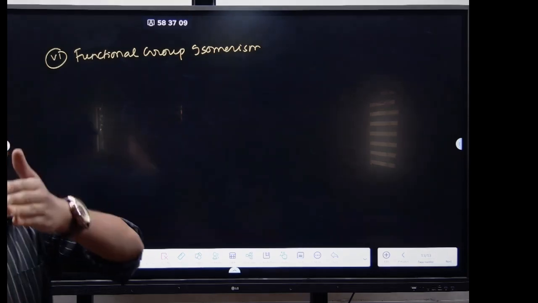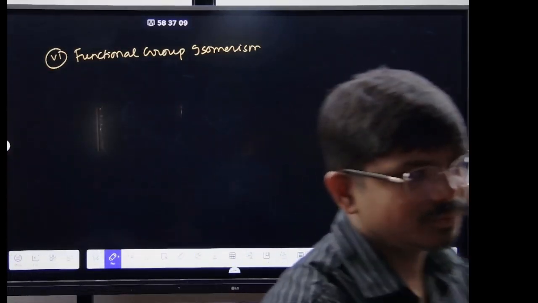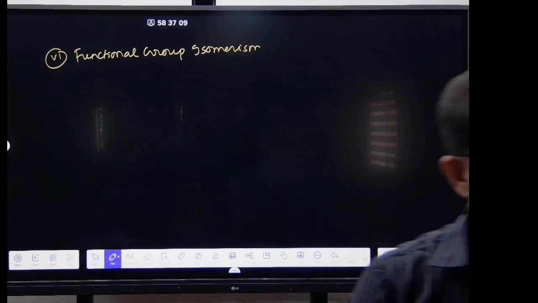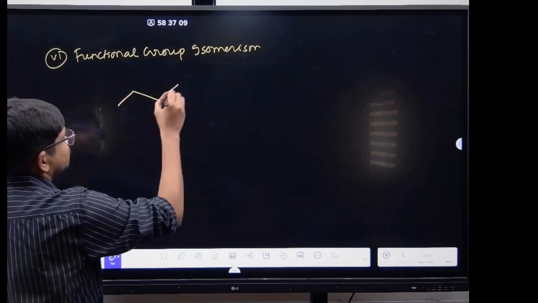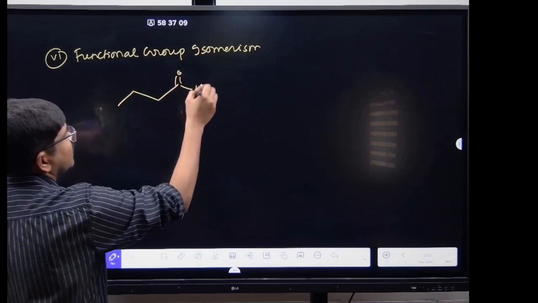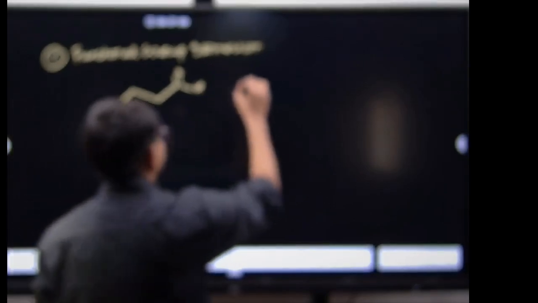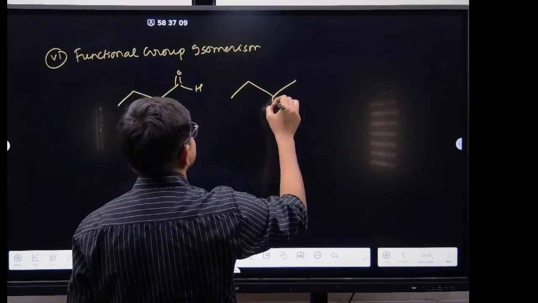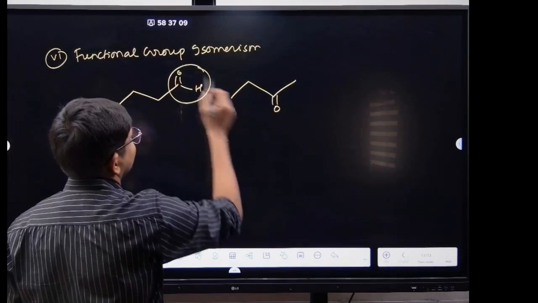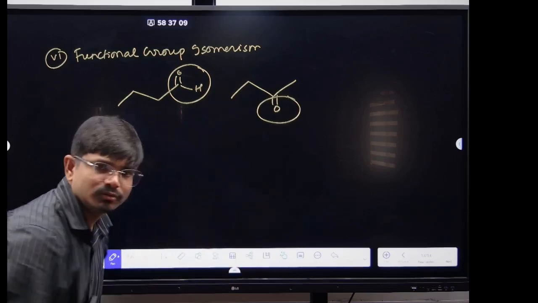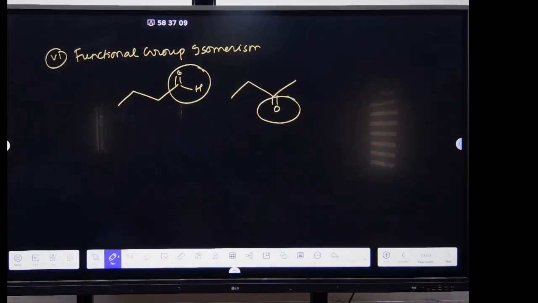Compounds will have different functional groups having the same molecular formula. So see here, suppose this one, this is basically your aldehyde, right? This will basically be your aldehyde. Now I can write this compound also like this one, isn't it? So see, this you have the aldehyde and this will have the ketone one.